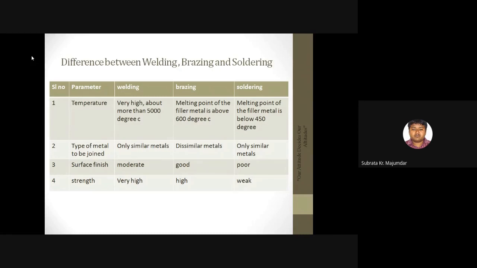What is the meaning of moderate? Some relevant work in the mechanical industry can use brazing. These are the several differential areas of welding, brazing and soldering.